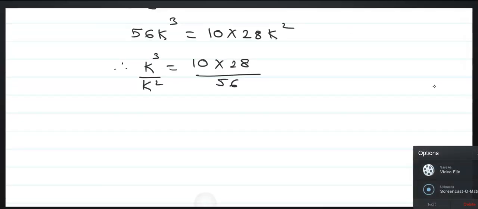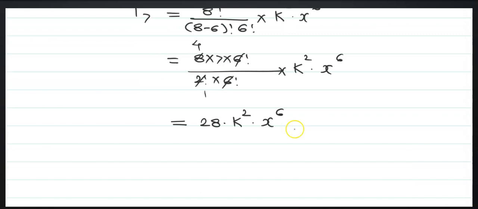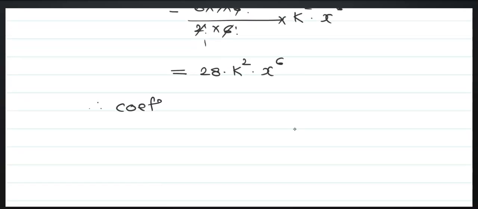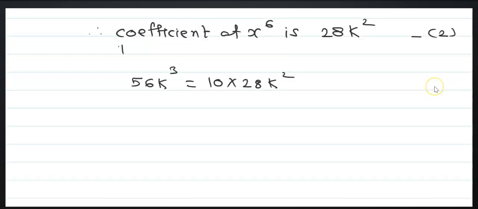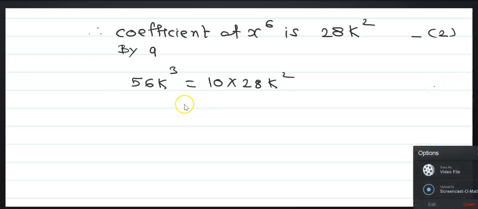If you take their ratio, again you will see we have the relation. The coefficient of x raised to 6 is 28k square. Now, what is the relation? It is 10 times.